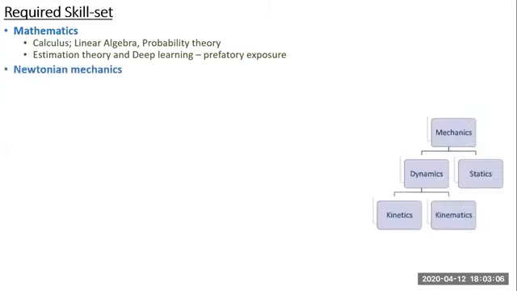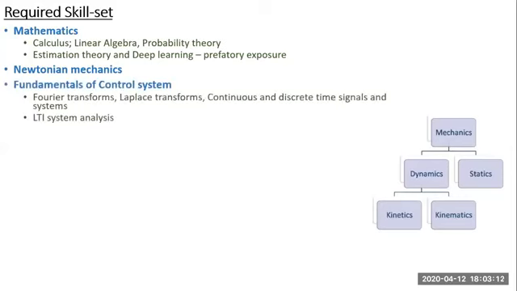Of course, there are programs, there are various libraries which you can exploit, but you should at least know what these various things do. Newtonian mechanics, very important, right? Fundamentals of control systems. Obviously, you are designing a control system, so you should be clear about Fourier transforms, Laplace transforms, continuous and discrete time signals and systems, and linear time invariant system analysis should be very clear to you.